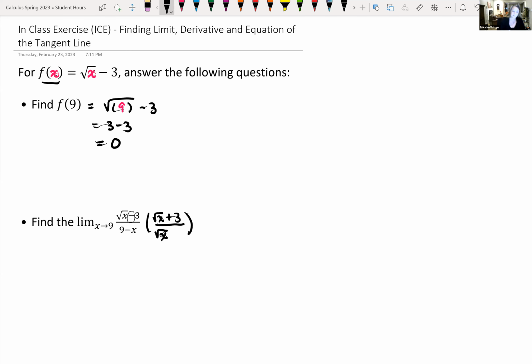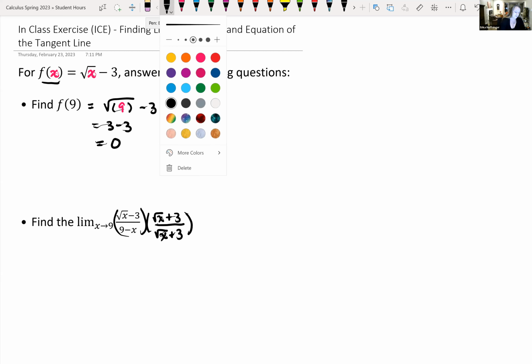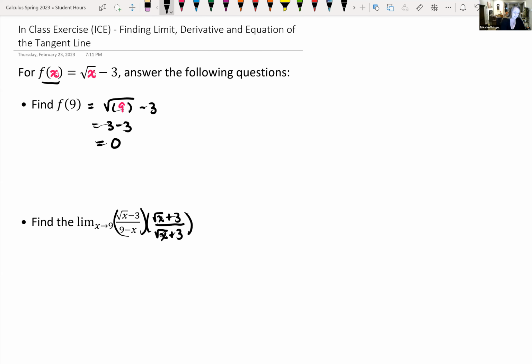We can't just multiply the numerator by that to rationalize the numerator. We want to multiply by this fancy one. The whole point was that we were creating a difference of squares if we multiplied those out.